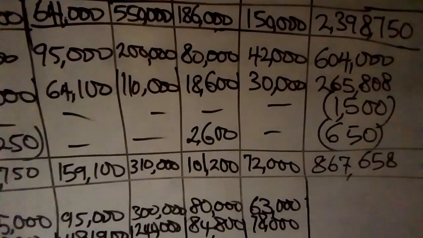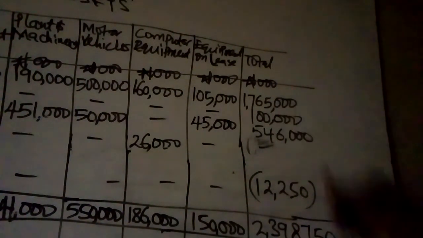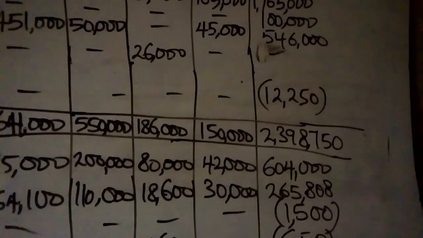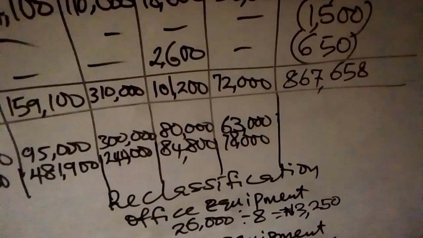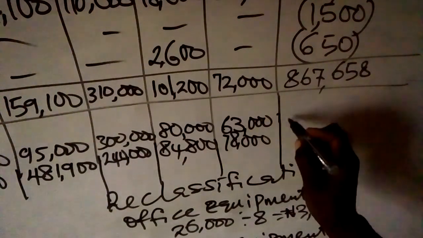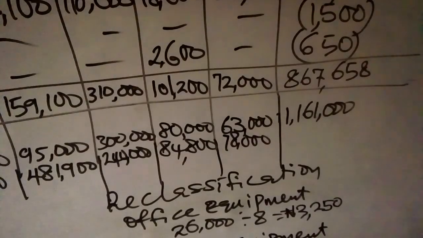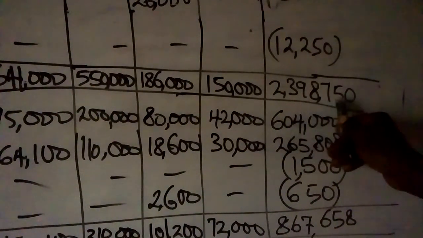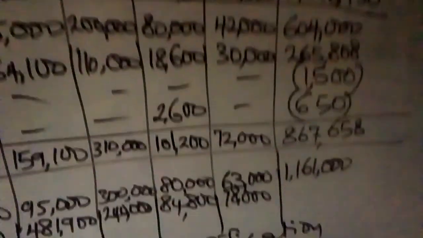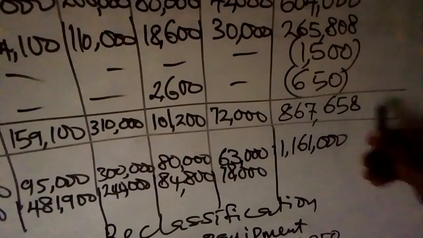You have the opening balance of total of 1,765,000 minus opening balance of depreciation of 604,000. Then you have 1,161,000. Then you have the closing balance of 2,398,750 minus 867,658.